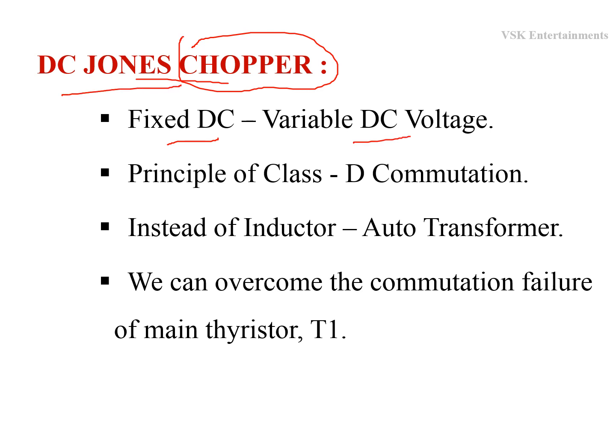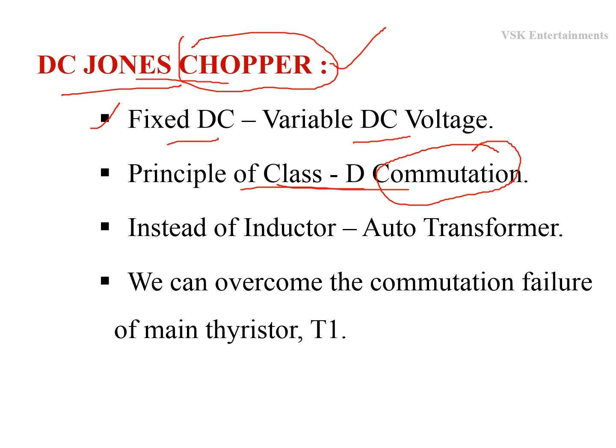The Jones chopper does the same thing, but in this we are using class D commutation, meaning its working depends upon class D commutation. Here commutation is the process of turning off the main thyristor. In later videos we are going to discuss types of commutations.